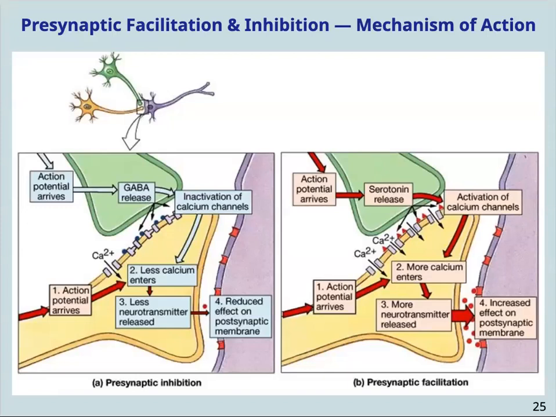Similarly, presynaptic inhibition can be elicited by a separate neurotransmitter called GABA. As you can see here, GABA can act to inactivate the calcium channels. Okay, so less calcium influx means less neurotransmitter release, and thereby inducing less of an effect on the postsynaptic membrane.